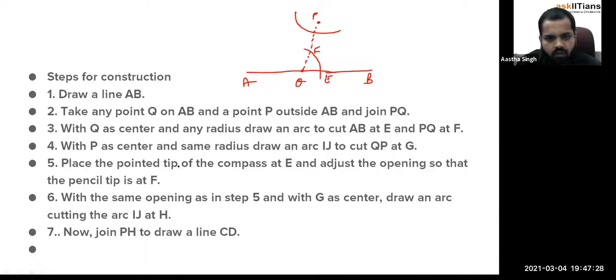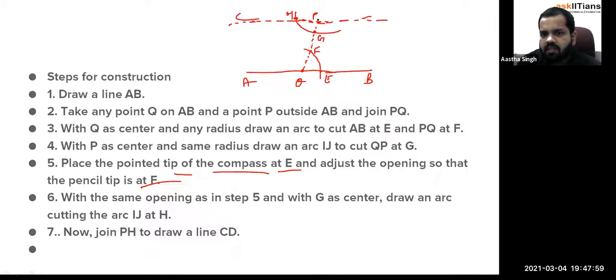Place the pointed tip of the compass at E and adjust the opening so that the pencil tip is at F. With the same opening as in the previous step, with G as center, make a point like this. This will be your H. Just join P and H. You will get your required line.